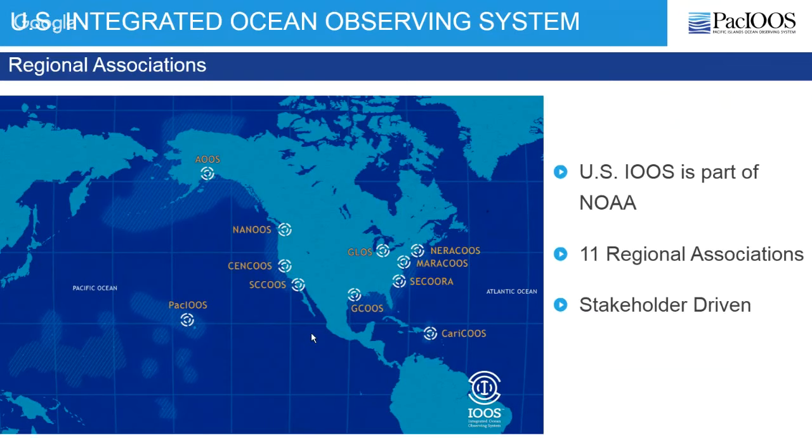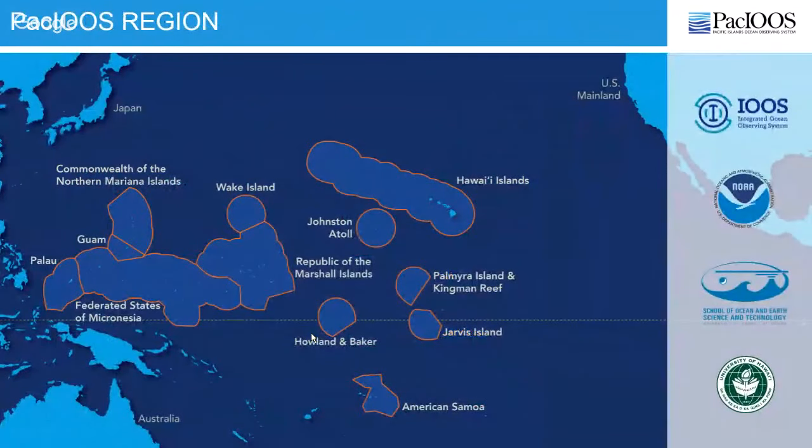So the IOOS staff are federal staff, but all the different regional associations are set up in different ways. Some are nonprofit, some are based within institutions. And we are based within the School of Ocean and Earth Science and Technology at the University of Hawaii at Manoa.